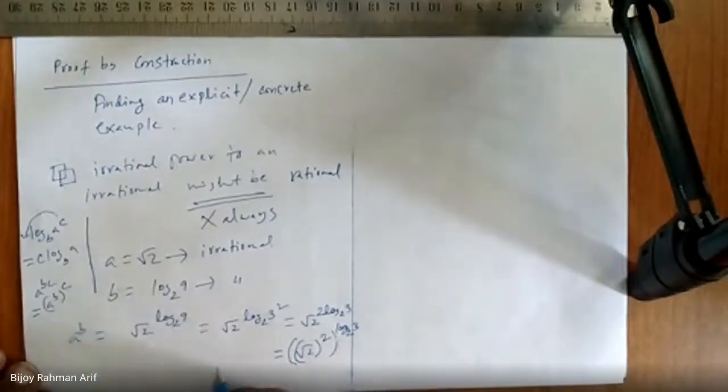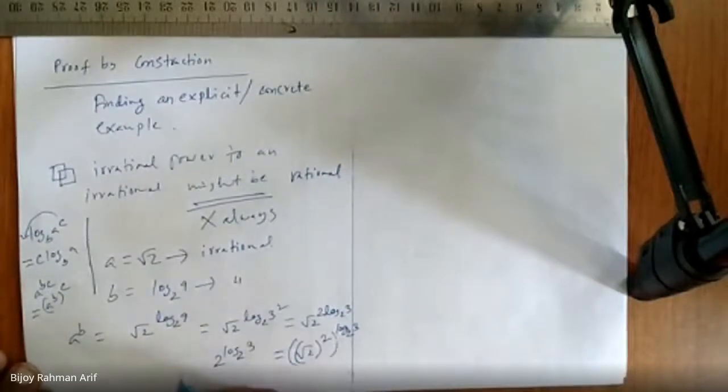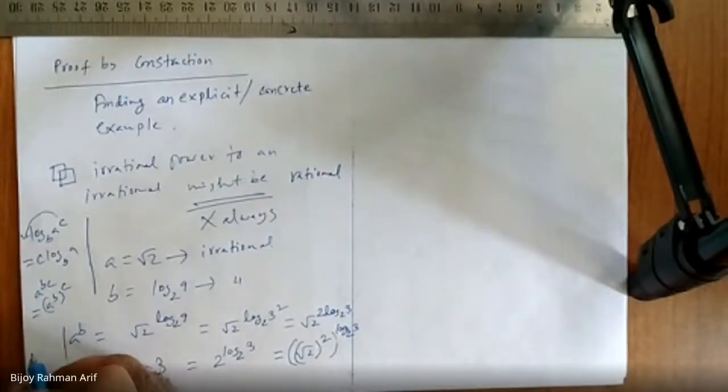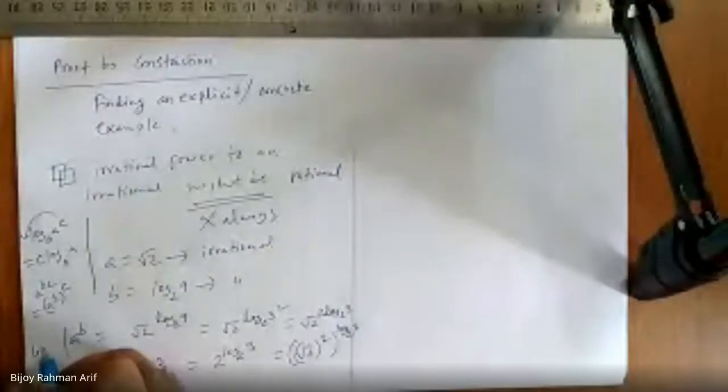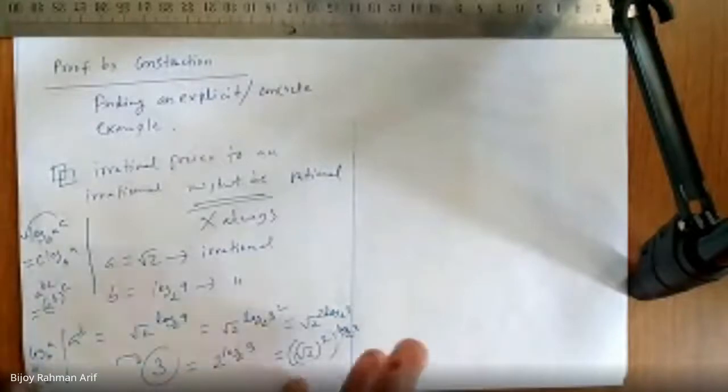So it is nothing but 2 to the power log 2 base 3. So what is this? This is nothing but 3, because a to the power log a base b is nothing but b. So we got irrational to the power irrational equal to some integer or rational number. So we are done. Did you get it?